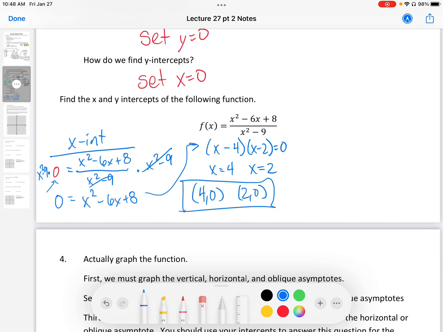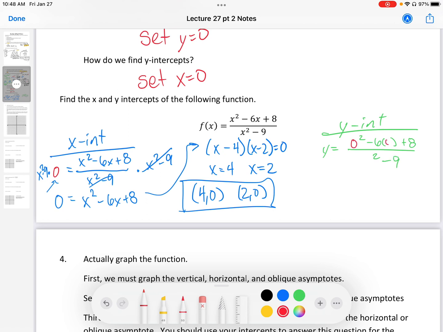Okay, now find my y-intercepts. To find your y-intercepts, we need to set x equal to 0. So y equals 0 squared minus 6 times 0 plus 8 over 0 squared minus 9.